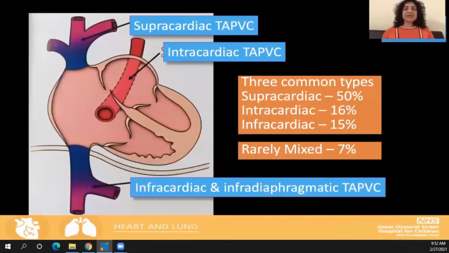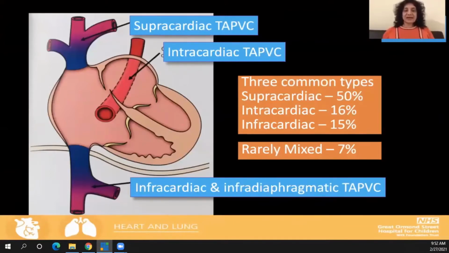On an echo, you will find different types of TAPVC depending on the draining of the pulmonary venous confluence. In the supracardiac one, the pulmonary venous confluence drains into the brachiocephalic vein or the SVC, and it accounts for 50% of all TAPVC.